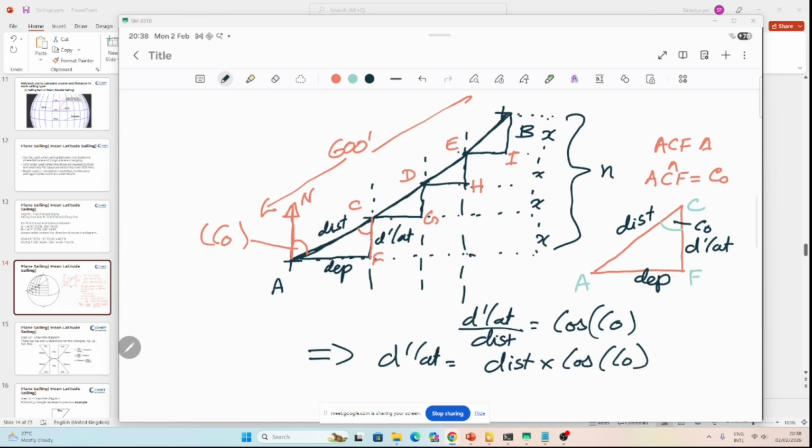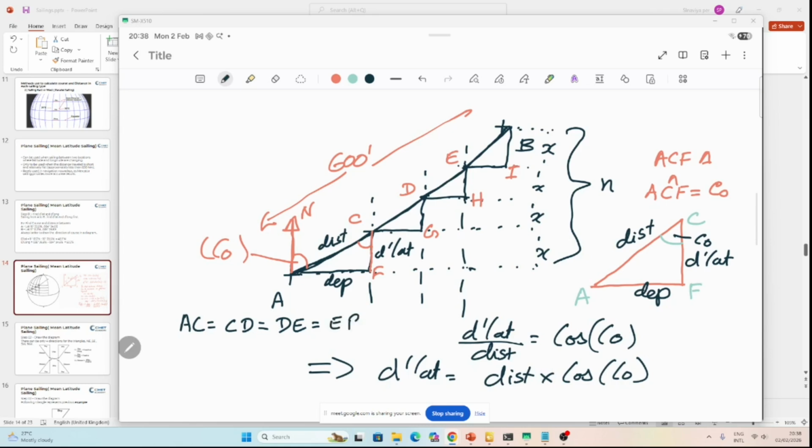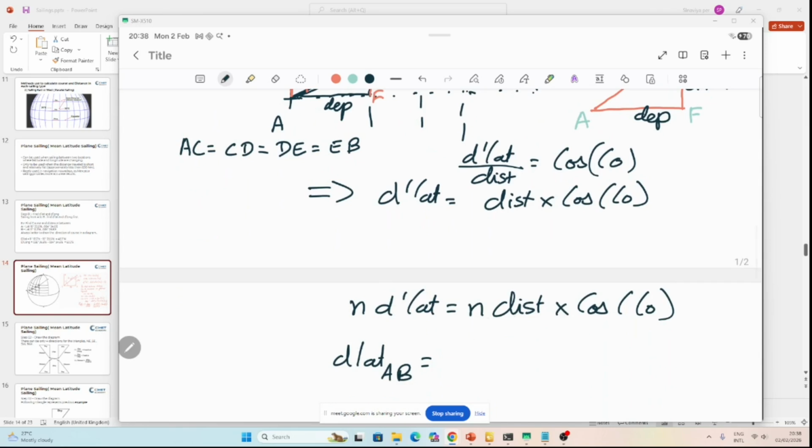That means AC equals CD equals DE equals EB, right? So from that we can say that n times distance is equal to the total distance between A and B, into cos. Are we good? Can you understand what I did?